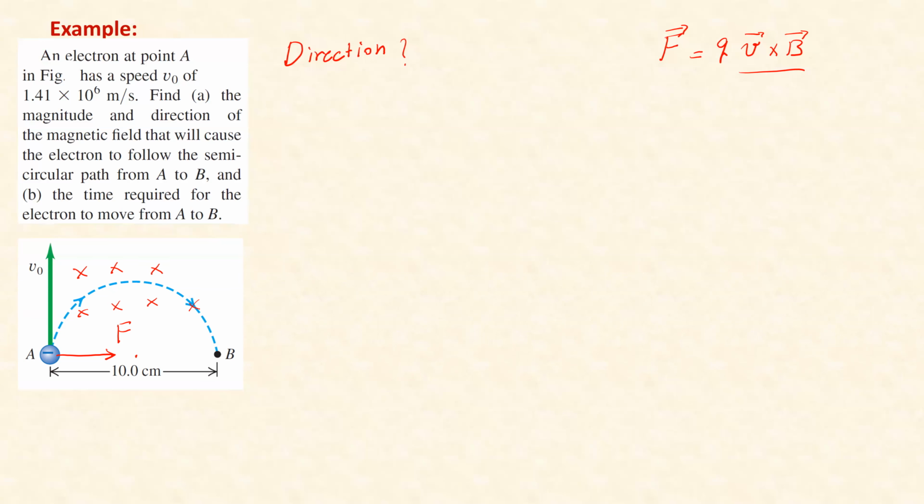But because it is an electron, the force will be opposite, which is in that direction. Because v cross B is to the left, and then because the electron is negative, you flip it, and it becomes to the right. So the direction of the B field is into the page.